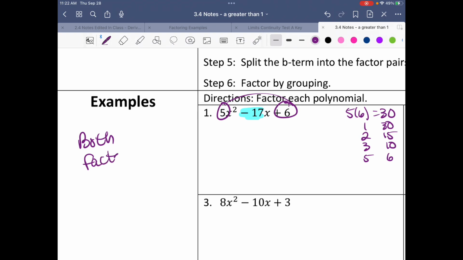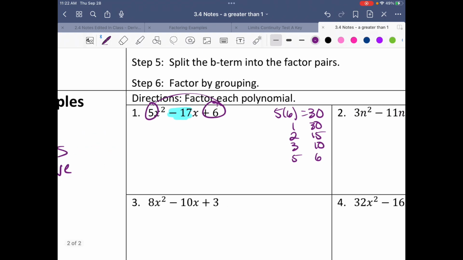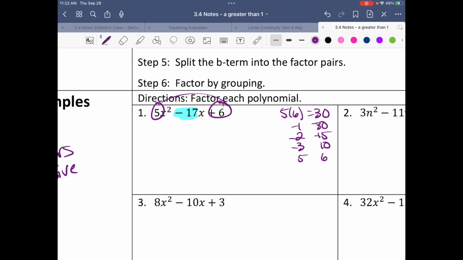So that's when both factors are negative. Okay, so which pair adds together to be -17? That's -2 and -15. So -2x, -15x, bring down that 6 and the 5x squared.